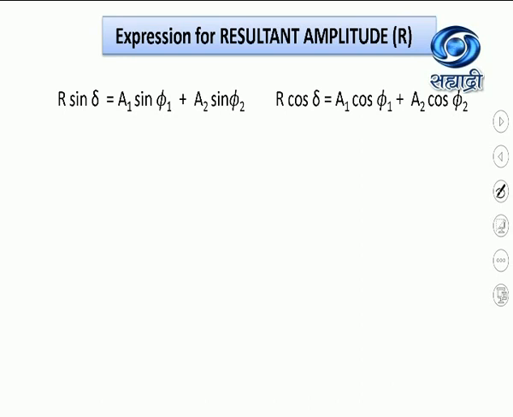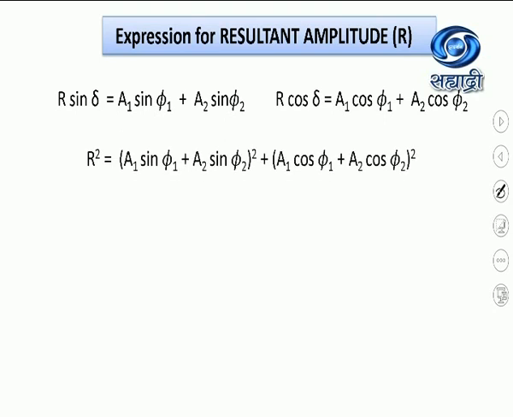If we focus on the LHS, that is R square sin square delta, and for the second one R square cos square delta, and we add these two equations, then the LHS is R square, because sin square delta plus cos square delta is equal to 1.